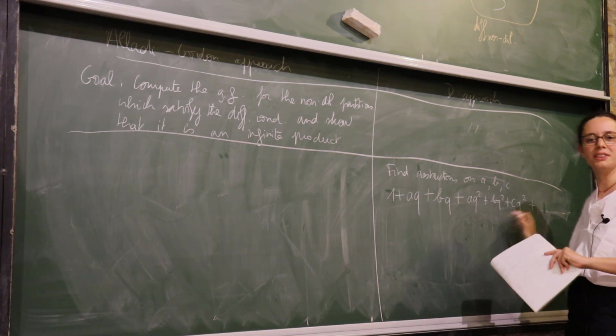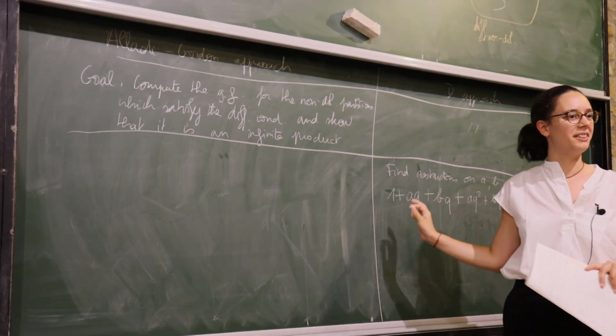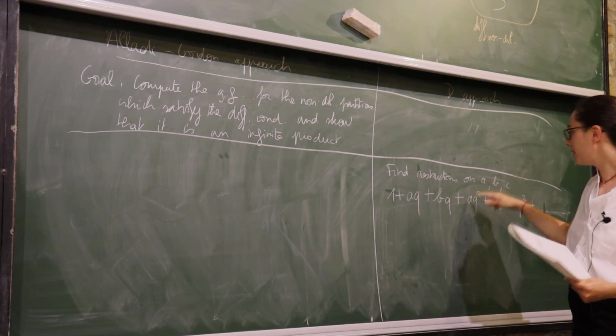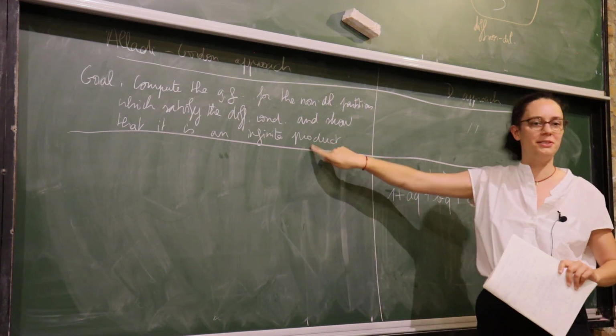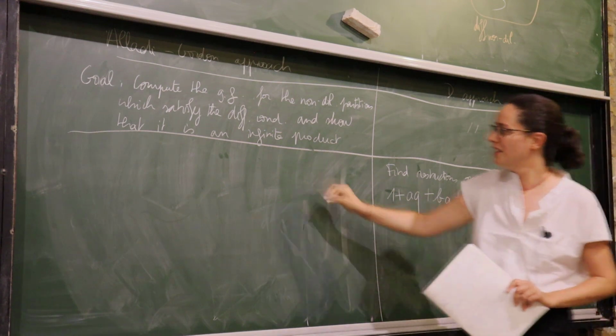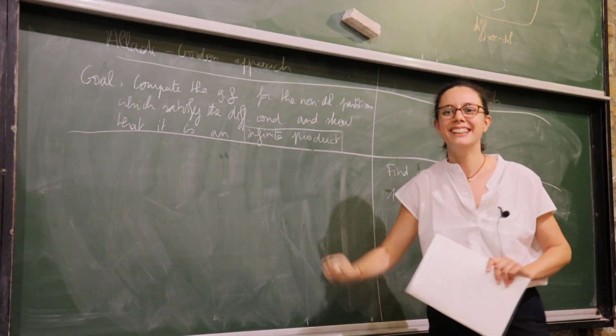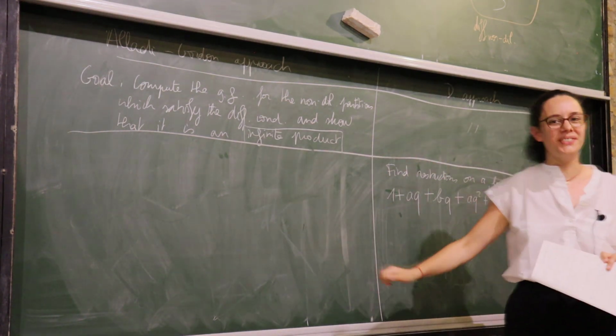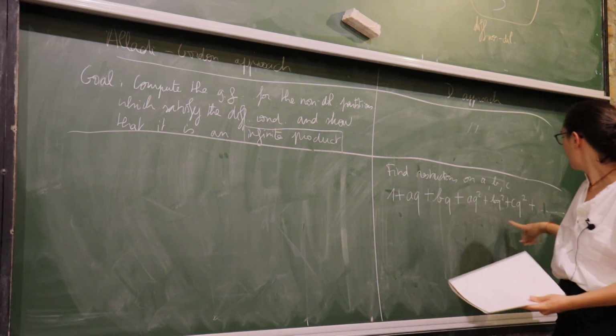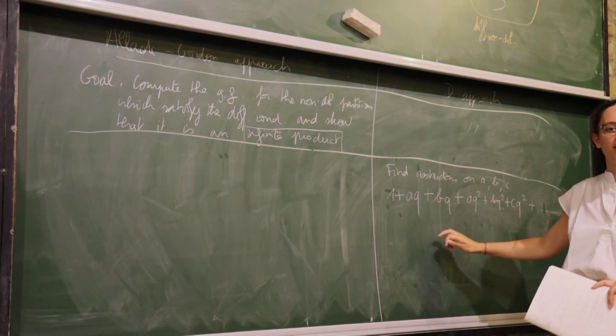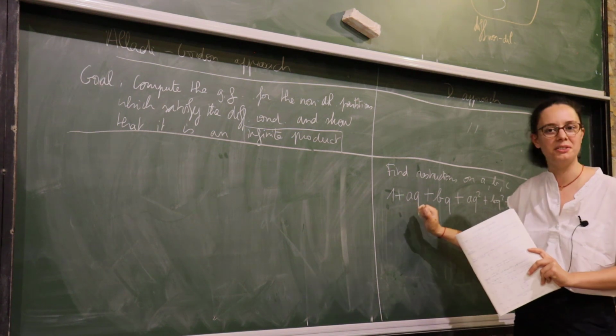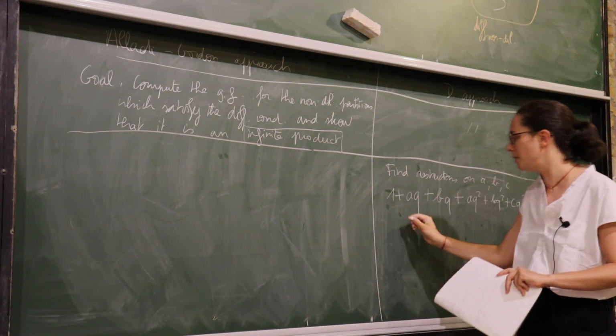But even if we stop here, I think this will be enough to find the conditions, because we want our generating function to be an infinite product. That's super important. So maybe I even should emphasize this a bit more. If we look at the first terms, and we want this to be an infinite product, then there are not that many choices.